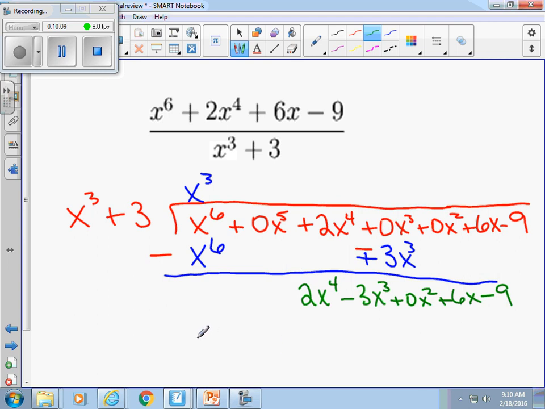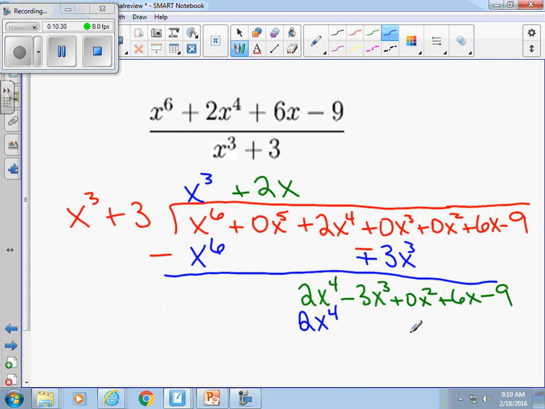What's my next step? X to the fourth times what would give me 2x to the fourth? 2x. Multiply that down. 2x times x cubed would give me 2x to the fourth, as I had hoped.